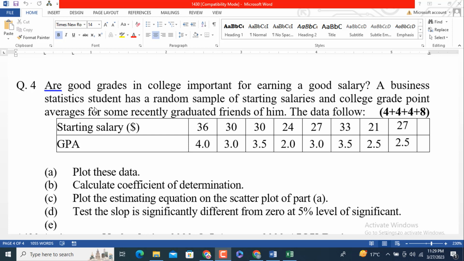A business statistics student has a random sample of starting salaries and college grade point averages for some recently graduated friends of his. The data is below. Starting salary 36 and its corresponding GPA is 4.0, and 33 with 3.5. 24 salary is 2.0, 27 with 2.0.